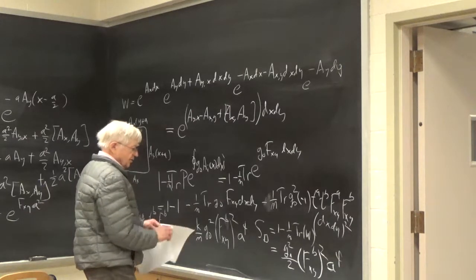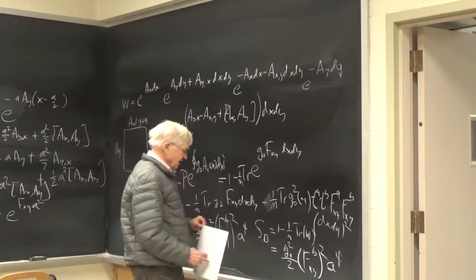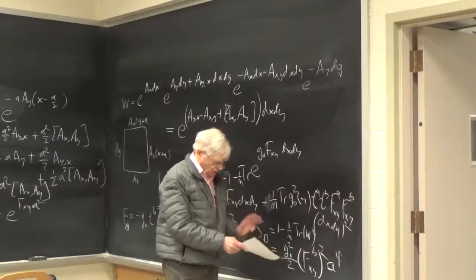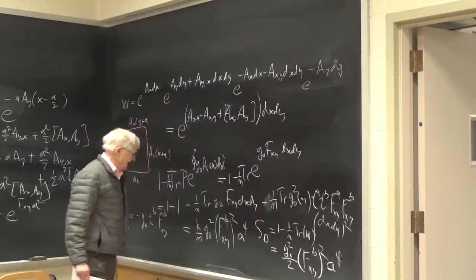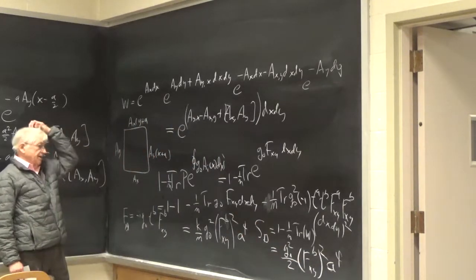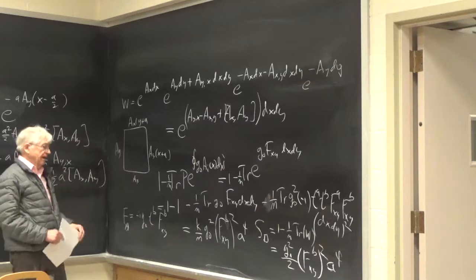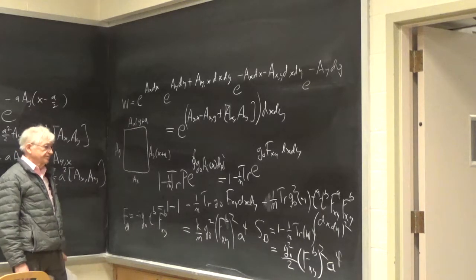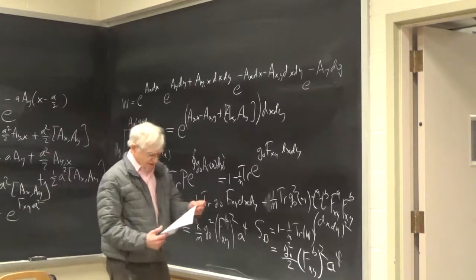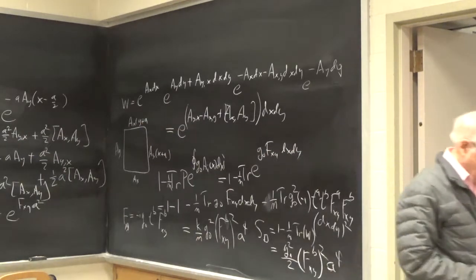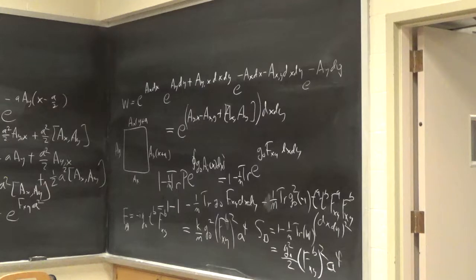So, the full Wilson action then is the sum of this over all the squares of the lattice. Okay, so that's one of the things I wanted to say.